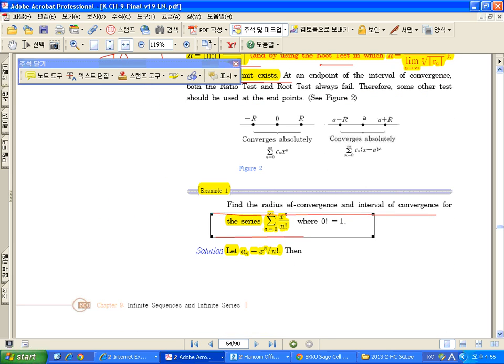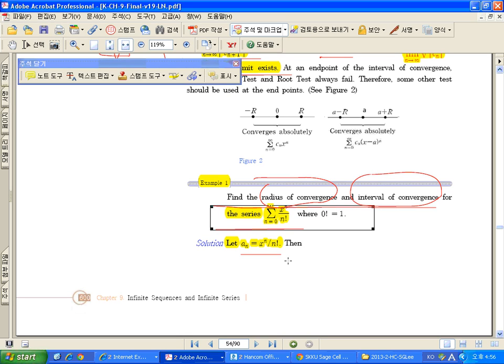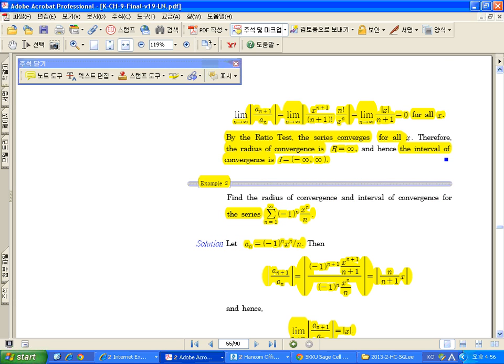For this case, since the term a_n looks like this, by using the ratio test we can find that the limit of those ratios is equal to 0. What that means is the series converges for all x. In this case, the radius of convergence is infinity, and the interval of convergence is the whole real line.